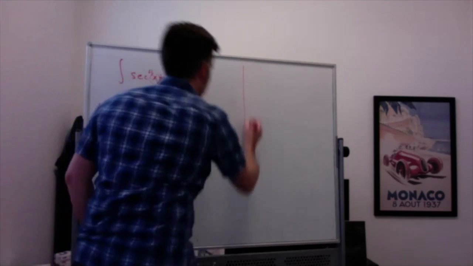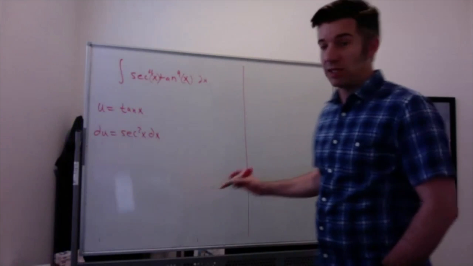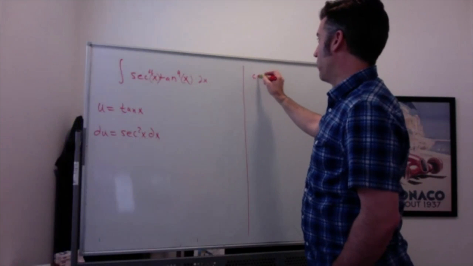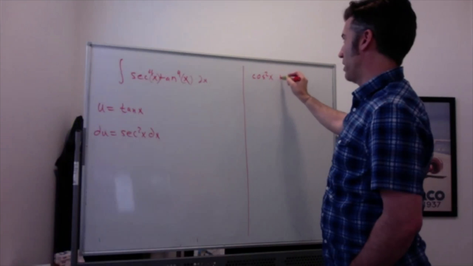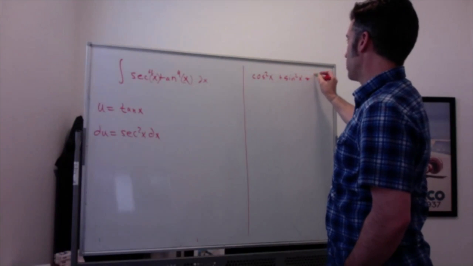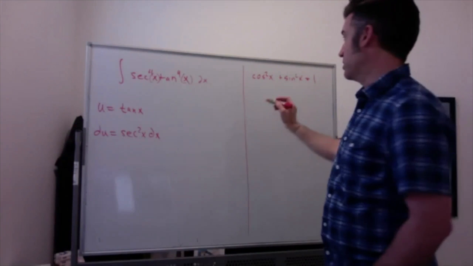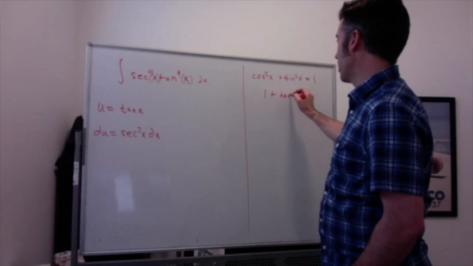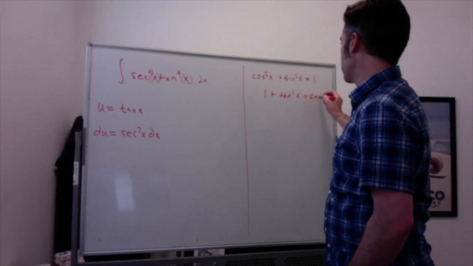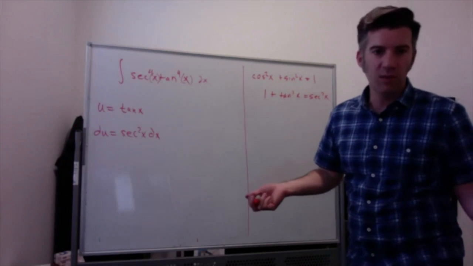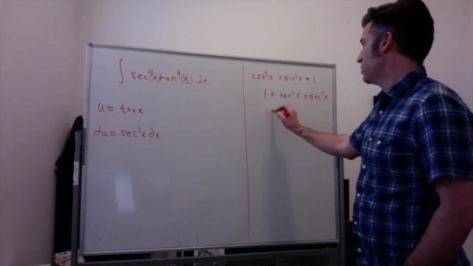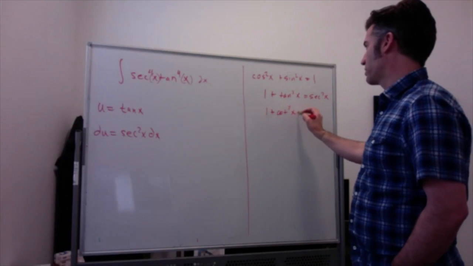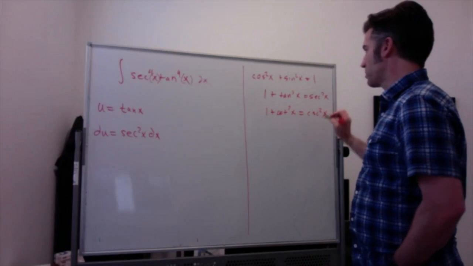In case we've forgotten, the trig identities that we're using here are, for the sine and cosine, cosine squared x plus sine squared x equals 1. And for the secant and tangent ones, it's 1 plus tangent squared x equals secant squared x. There's also one for cotangent. It's 1 plus cotangent squared x equals cosecant squared x.